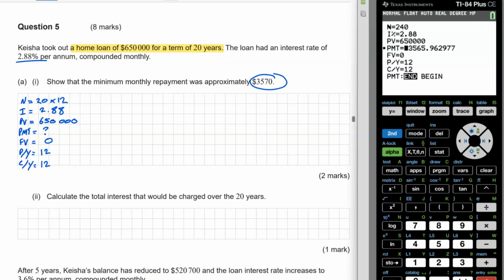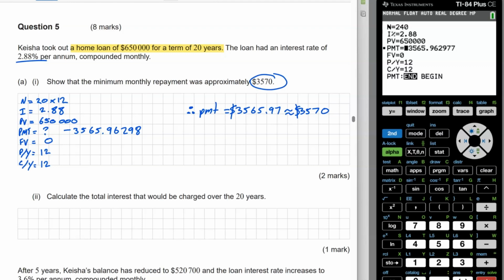You can see here that we get negative 3,565.96298. Now we have to decide what to do with all these numbers because it is a payment. We like to round it up, so therefore our payment is equal to $3,565.97, which is approximately equal to $3,570.